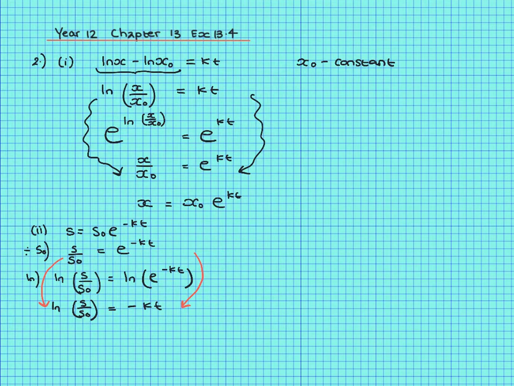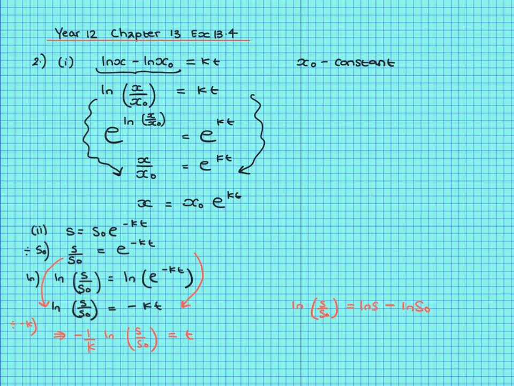Now the last step is to make t the subject, so I'm going to divide both sides by negative k, so I end up with negative 1 over k ln of s over s0 equals t. In theory you can split up that ln of s over s0 as two separate parts like that. I think that makes the answer slightly messier if you do that, but it would be a valid step if you wanted to do it.